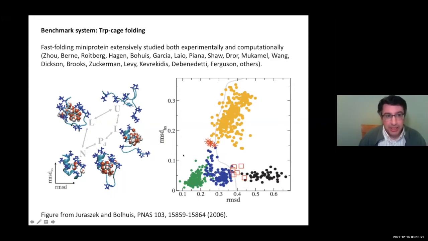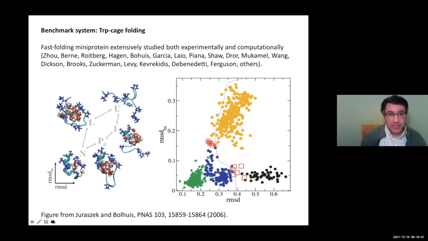What Peter did was transition path sampling, and then actually the difficult process of shooting in order to find, I think it was 12 transition state structures. So we can compare to those, okay?